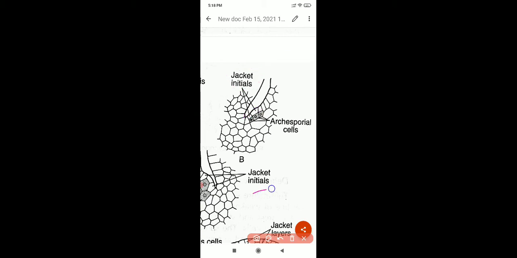It is these archaeosporial cells who will form the spores. These archaeosporial cells have come about from the sporangial initials. So let us read.